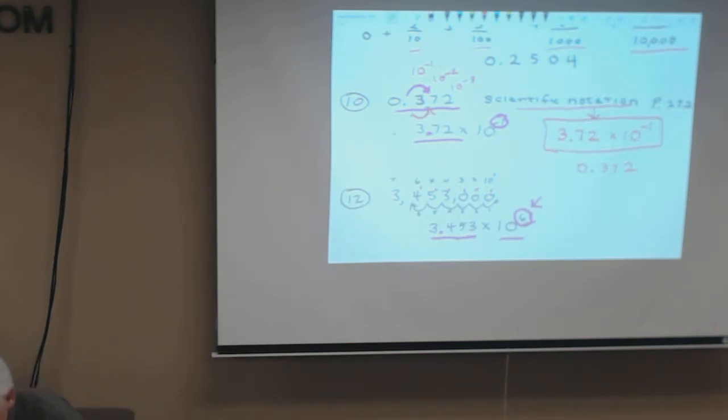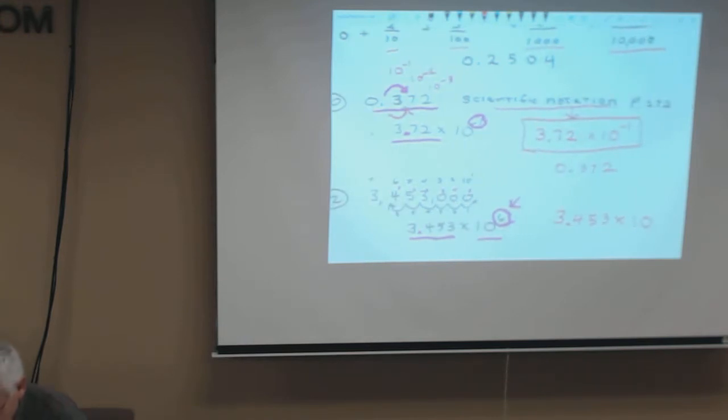3,453,000. So I'm going to write that as 3.453 times 10 to some power. You follow what I'm doing? I'm going to make it a number between 1 and 10 times 10 to some power.